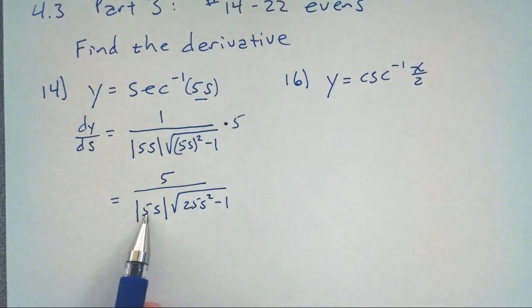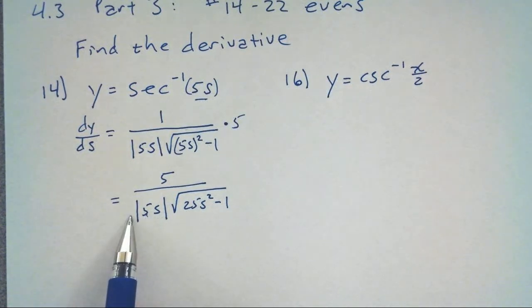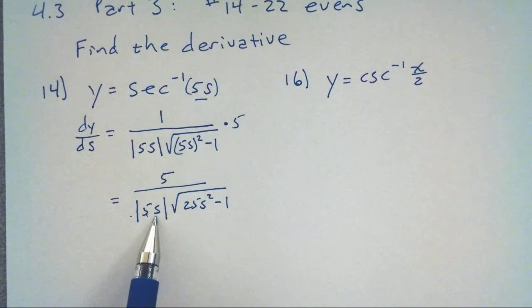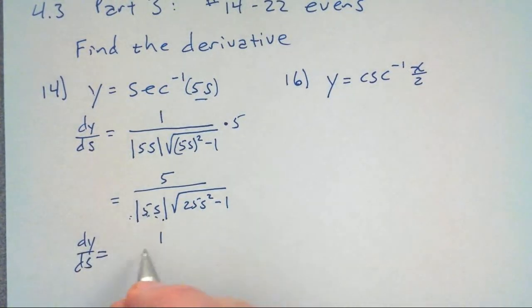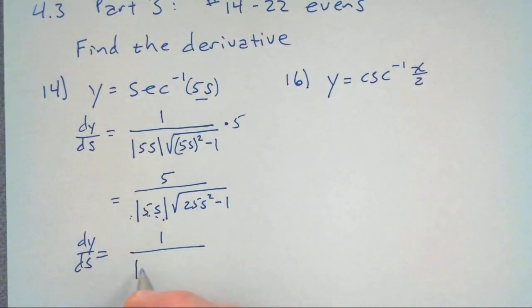Well, this 5 is not contributing anything inside of this absolute value that's going to change it, whereas if I pulled the 5 out, 5 times the absolute value of s is the same as the absolute value of 5 times s. So this 5 can pull out of here and cancel, and we end up with dy/ds equals 1 over, still needing the absolute value, but the 5s cancel, and still needing the square root of 25s squared minus 1.